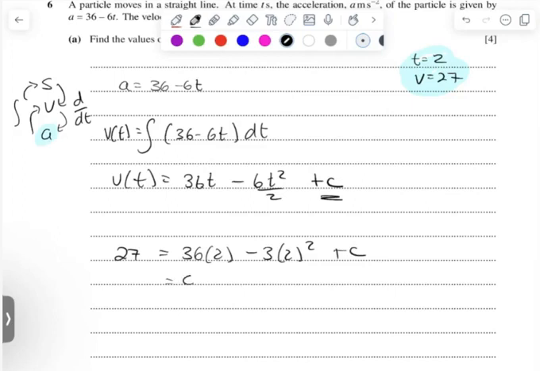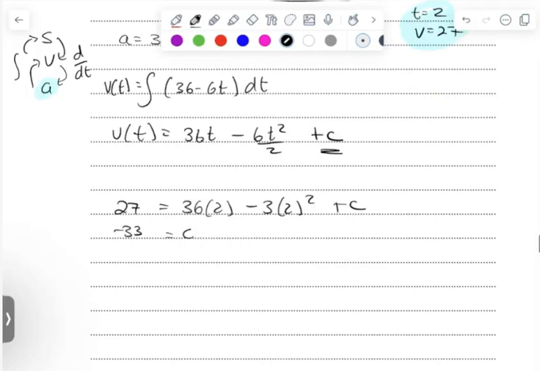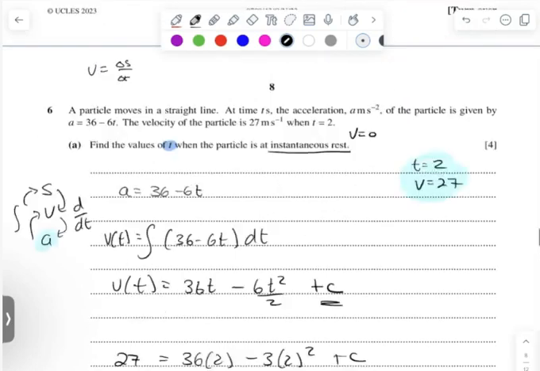So I'm just going to do this in one: 27 minus 36 times 2, and then plus, and that gives me a value of negative 33. In my exam, I'd probably want to double check that I am typing everything correctly into my calculator, but for now, I'm just going to keep going. So 36t minus 3t squared minus 33. So now I have a formula for velocity.